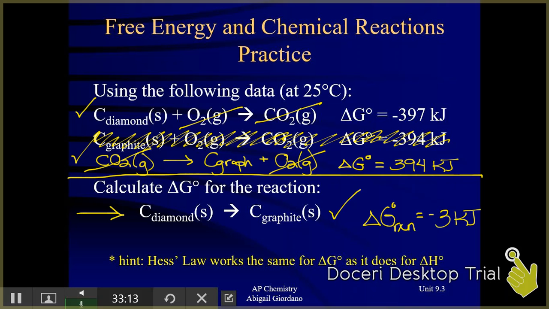Favored, spontaneous. I'm not only showing you this to illustrate that you can do a Hess's law problem for delta H values, you can do them for delta G values, you can even do them for delta S values. But the point I'm also trying to illustrate, look at the reaction here. Diamonds are turning into graphite.